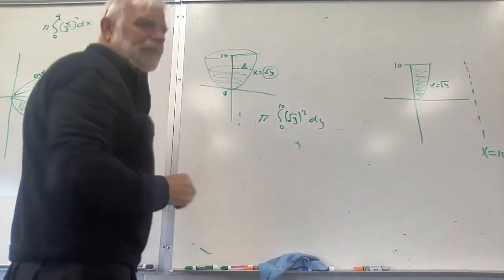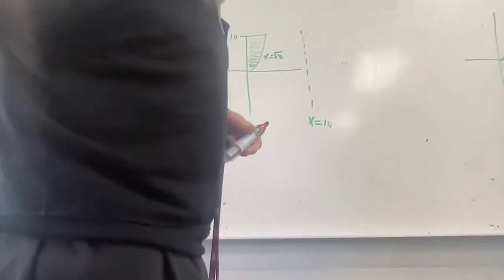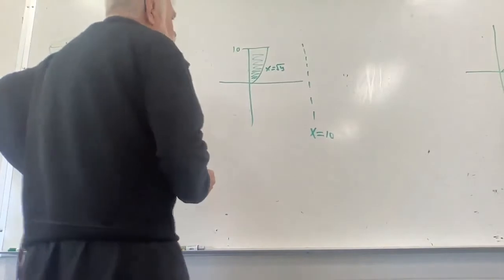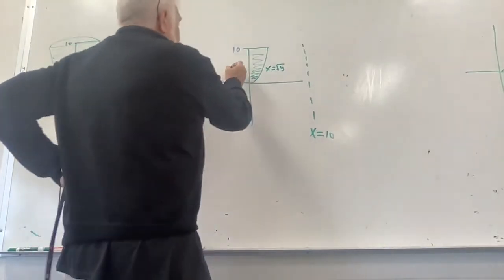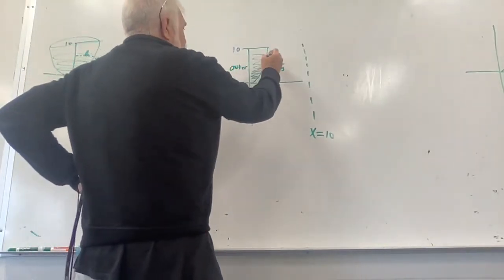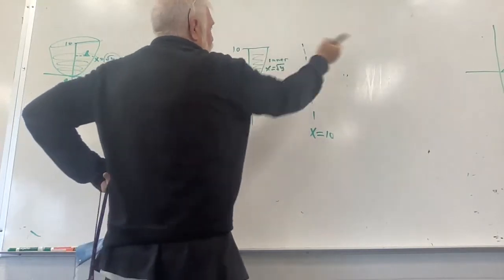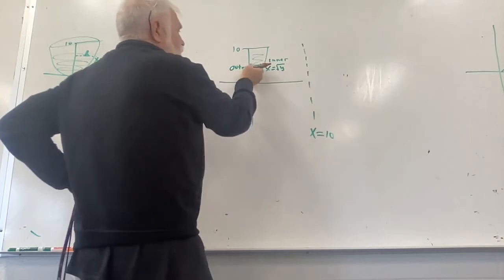Okay. But what happens if we want to rotate that area around some other axis? So what we're getting here is practice constructing things. All right, so what do we have? We have an outer edge and we have an inner. And we're going to rotate the inner around and take it away from rotating the outer.